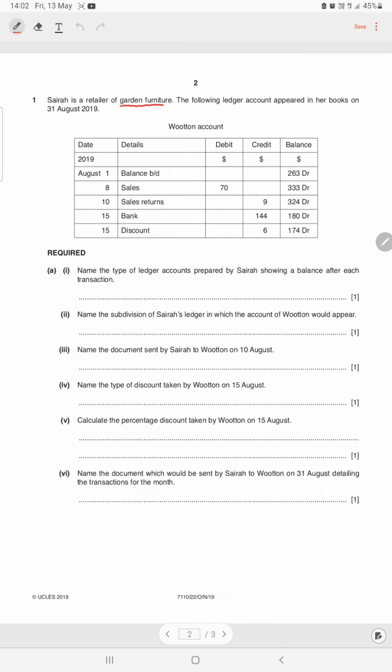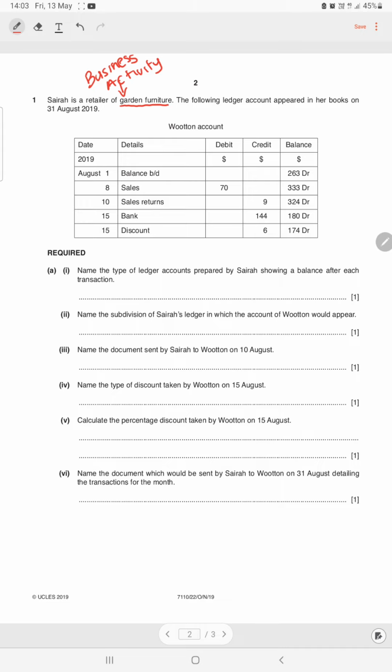So this is important, garden furniture, because this is the business activity of Sarah's business. This means she is a retailer, a trader of garden furniture, which means she either buys or manufactures her own garden furniture and sells it for final consumption. That's the job of a retailer.